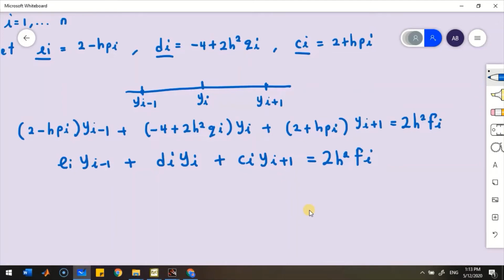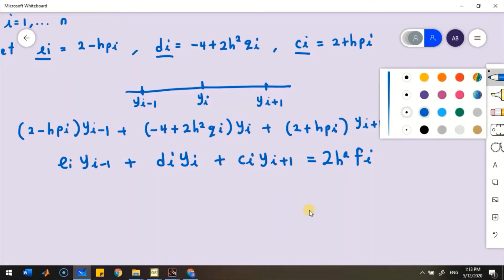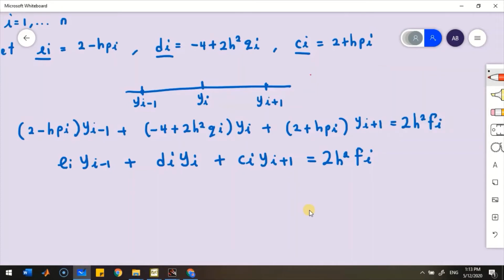Okay, so now let's consider solving this boundary value problem and the given interval here. Look at this again. yi minus 1 is my y at xn minus 1, and this is y at xn, for instance. So what is the value of y at xn plus 1? We have the boundary condition here.